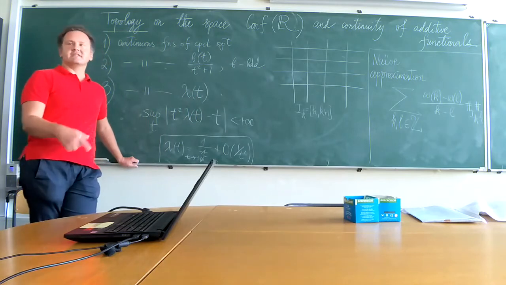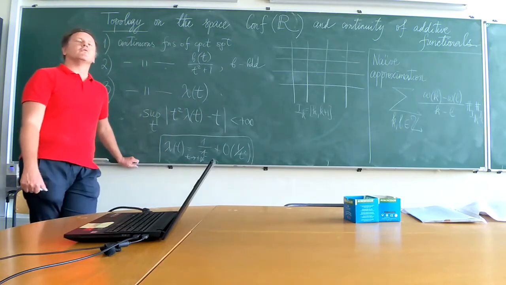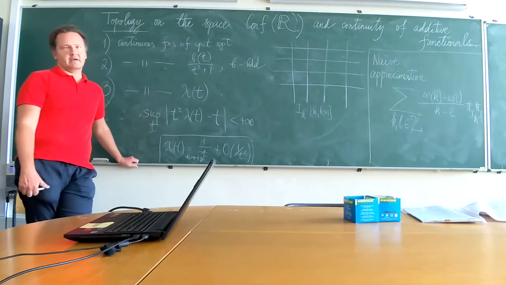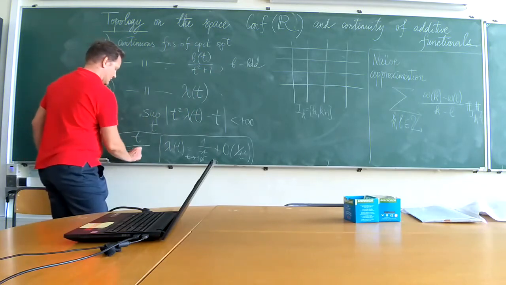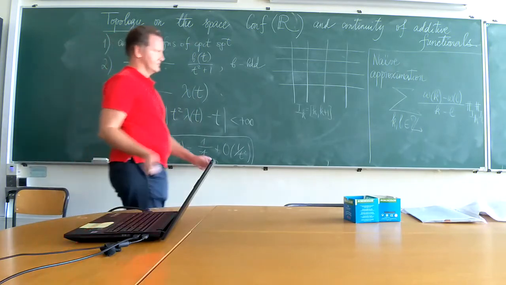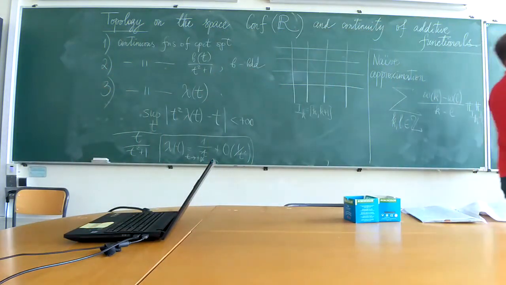Now, of course, it can be 1 over t plus i, or t over t squared plus 1, anything, you know, t over t squared plus 1, anything like 1 over t plus i. So now, this is what I require.